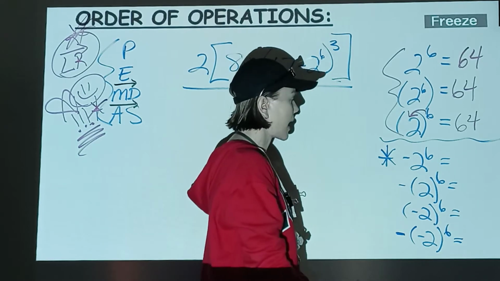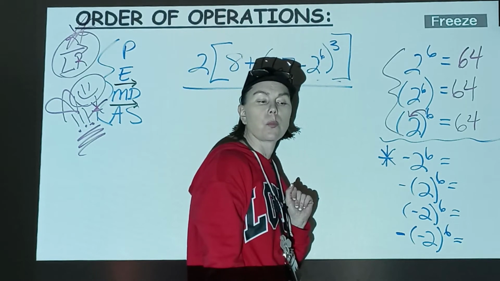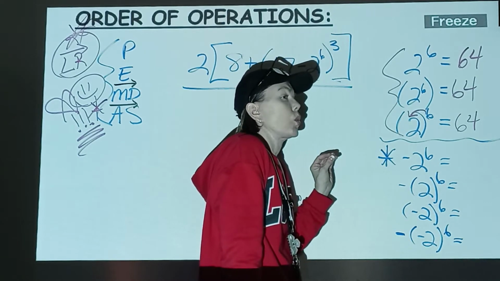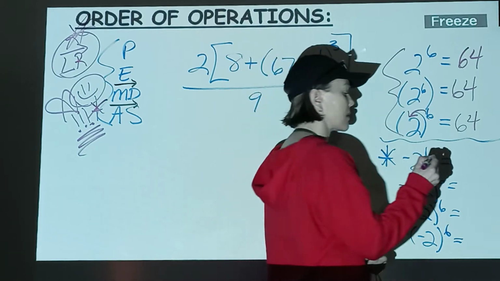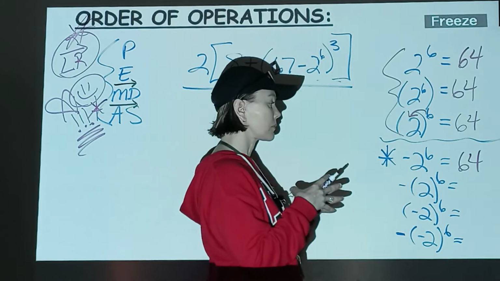Moving on. Now, we have a negative symbol here. So that is a negative 2 being raised to the 6th power. Well, guess what? It's still 64, you guys. Because think of it this way.